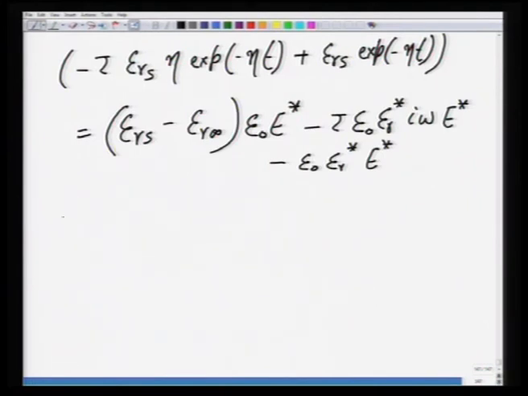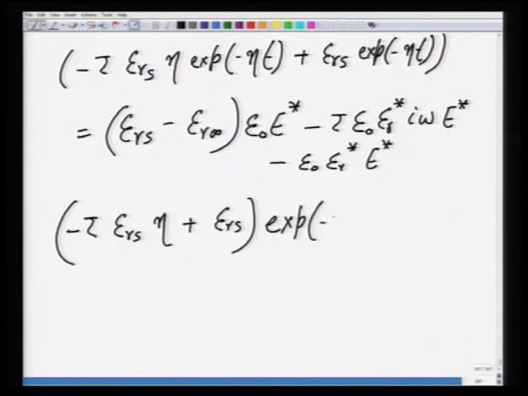So, this can be written as minus of tau epsilon_rs multiplied by eta plus epsilon_rs into exponential of minus eta t, and this is equal to, again a very long equation. So, let us see what we can take out here.